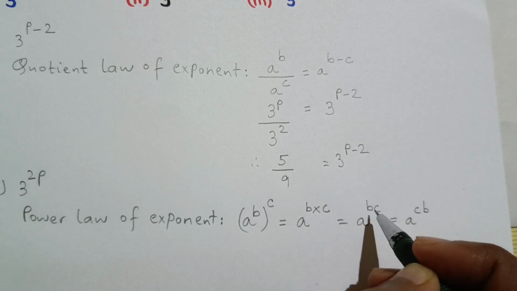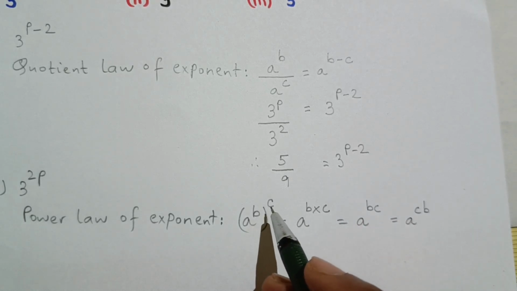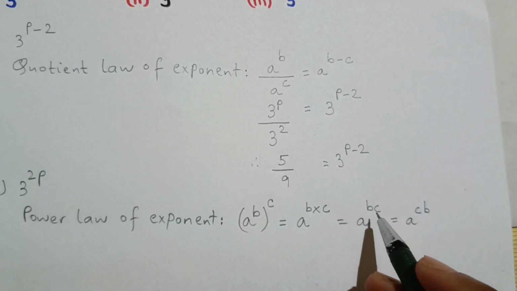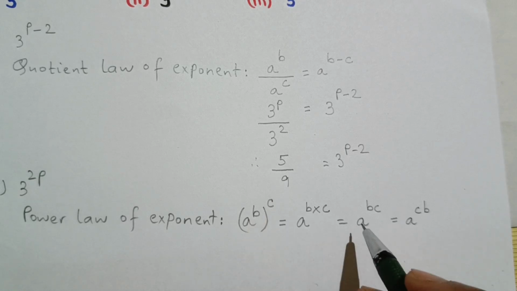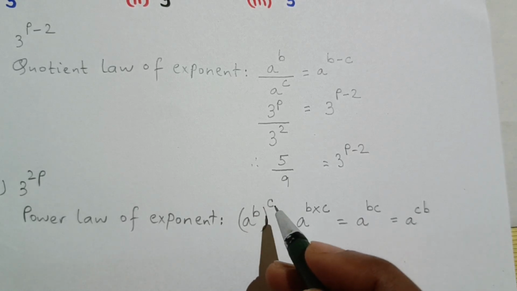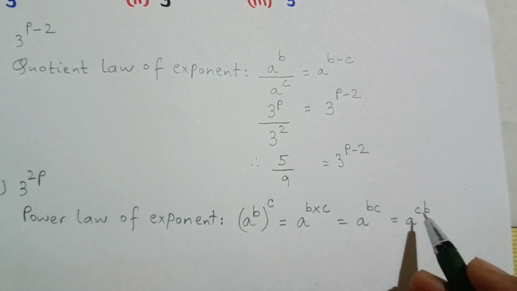Both are correct. So a to the power b whole raised to the power c is a to the power bc, or you can say a to the power cb.